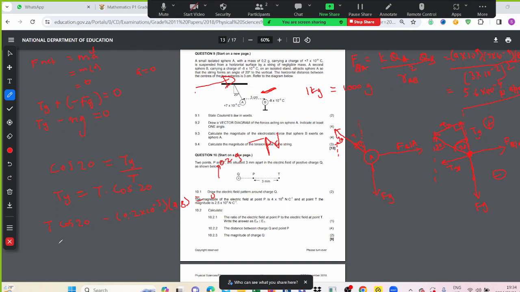So now we can have T cos 20 minus, what is 0.2 times 10 exponent negative 3 times 9.8? Let me check that.